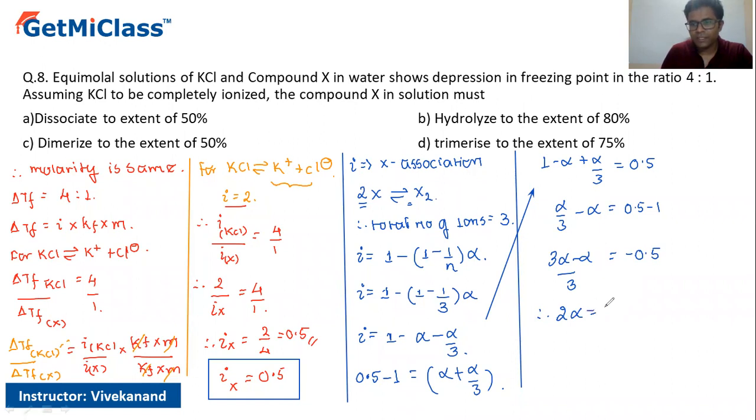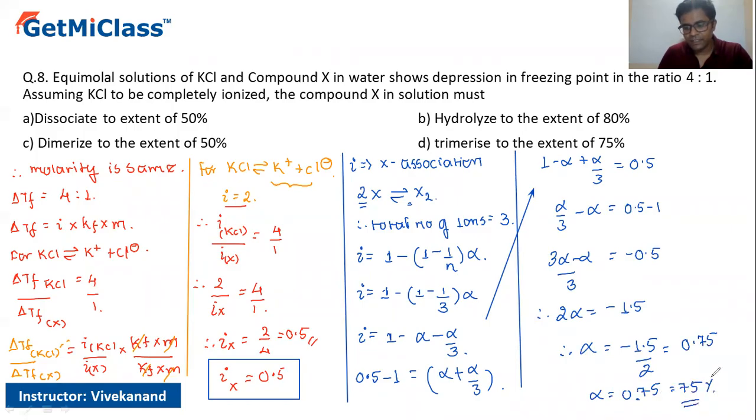So alpha is equal to 1.5 divided by 2, and that is 0.75. That means alpha is 0.75, which is 75%. It trimerizes to this particular extent. So the answer is option D, that it trimerizes.